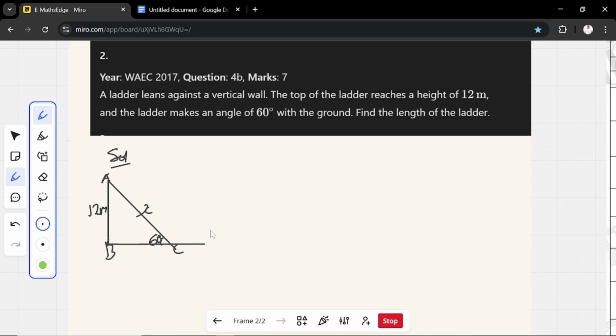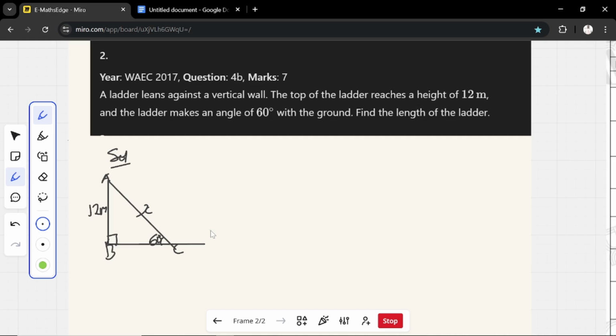Now if you observe, this is a right angle triangle. A triangle with an angle of 90 degrees is a right angle triangle. Based on the concept of trigonometry, if you are to obtain the sides or an angle of a right angle triangle, you should be focusing on sine, cos, or tan.